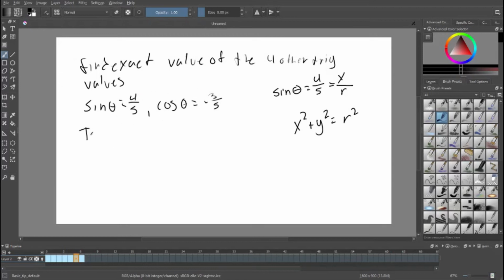So tangent is equal to y over x. Since tangent equals y over x, we could use just these values. If sine is y, we can plug it in for that.